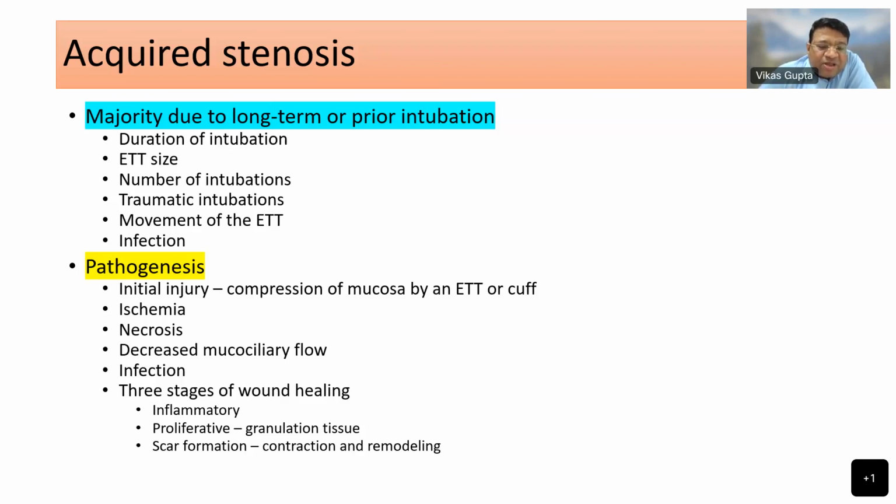Because of this, the inflammatory pathways are activated, which cause granulation tissue to form, which tries to control that infection and inflammation. Because of that exuberant granulation tissue, there is contraction, and finally remodeling of the tissue, which results in the stenosis which we see during the endoscopy.